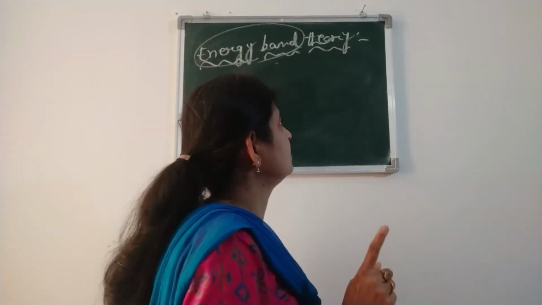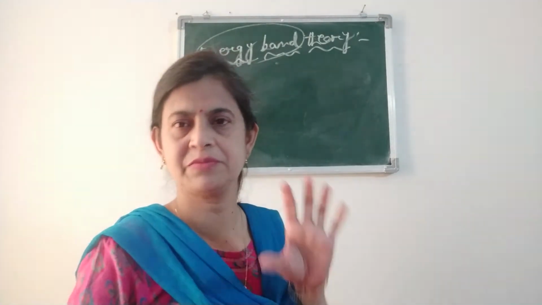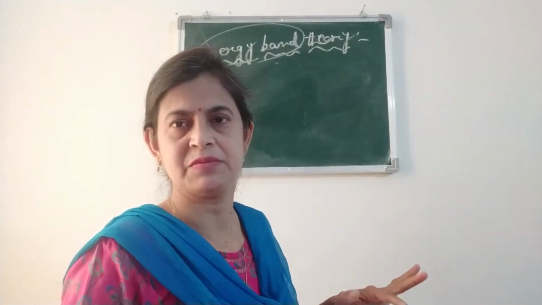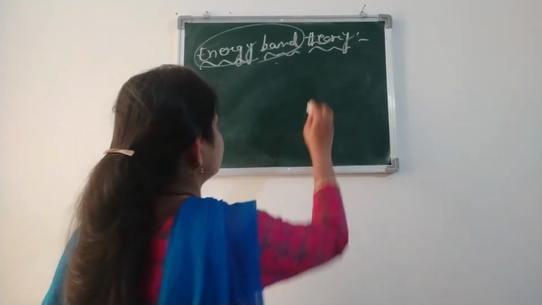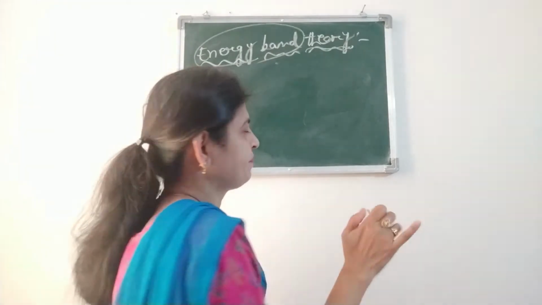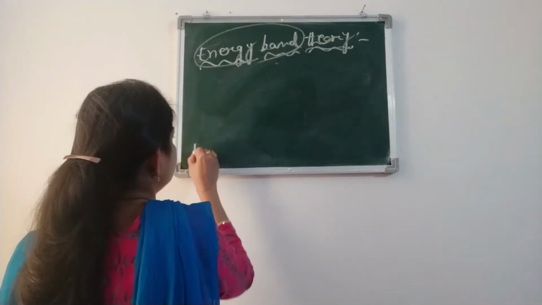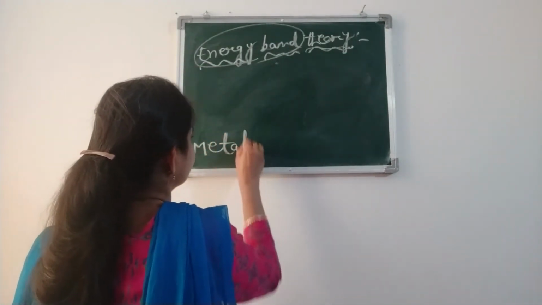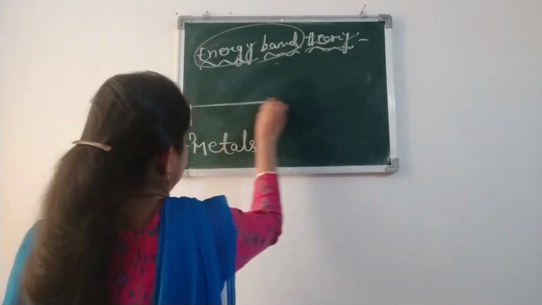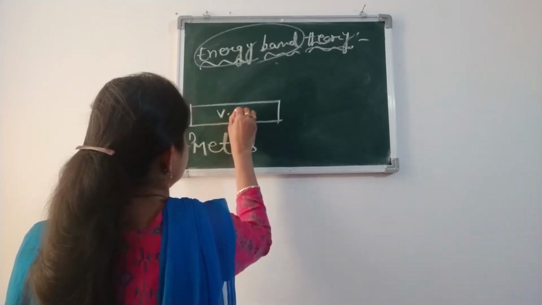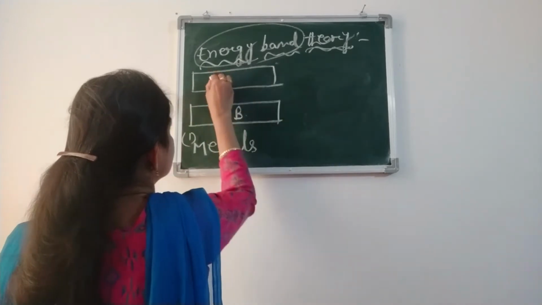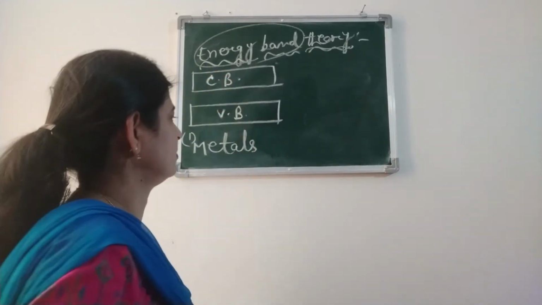Already in the chapter on the structure of the atom, we know what valence band and conduction band are. So we only have to discuss the qualitative idea. In the case of metals, suppose this is the valence band and this is the conduction band.